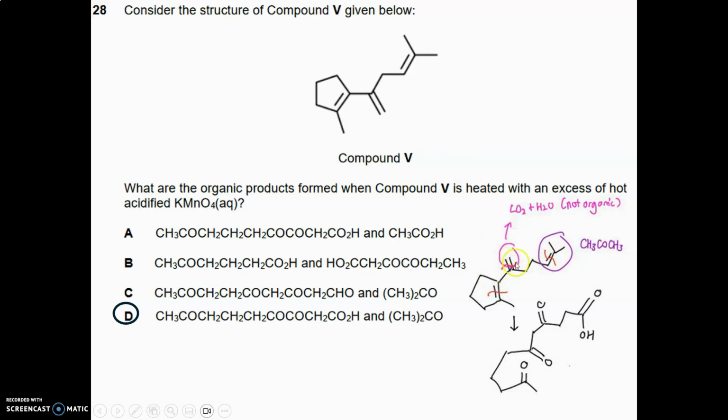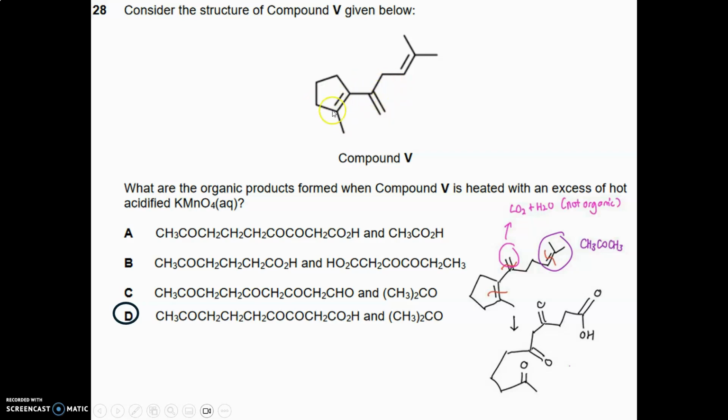Next, this pink double bond, there is a CH2 group here, which means that after oxidative cleavage, it becomes carbon dioxide and water. And what is left behind is this big molecule. This side becomes a carboxylic acid here. This part becomes a ketone.